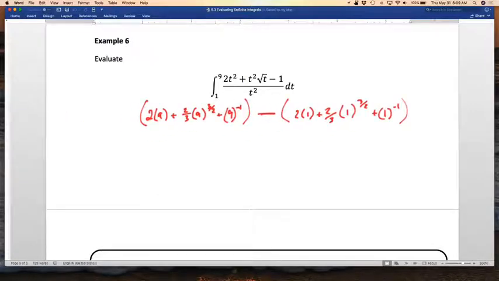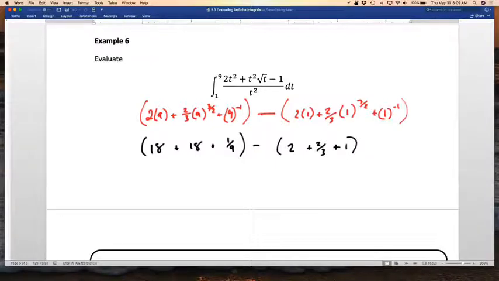So the last step is really just to simplify here. 9 to the 3/2, that's the square root of 9 cubed, so that gives us 27, times 2/3 gives us 18. We got 2 and 2/3 and 1.